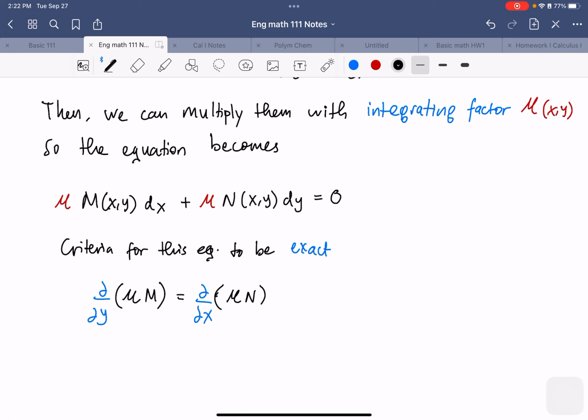For now, let's just assume they are functions, so we are going to have a product rule with these two partials.